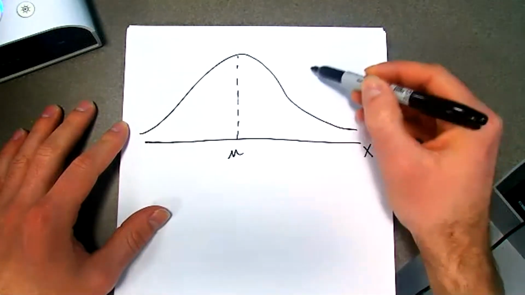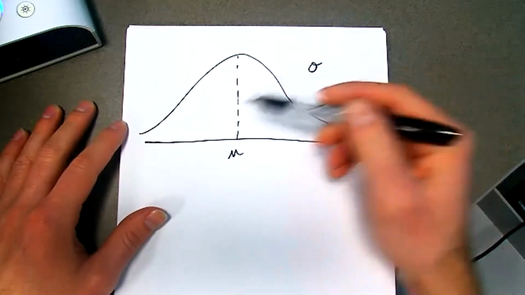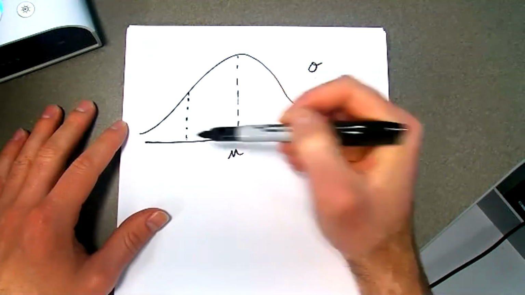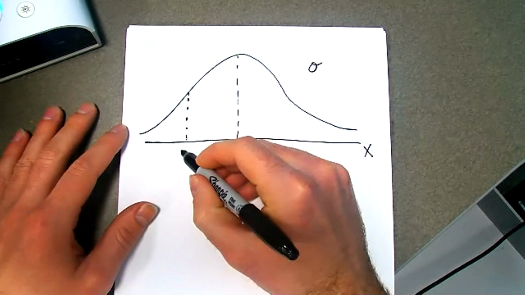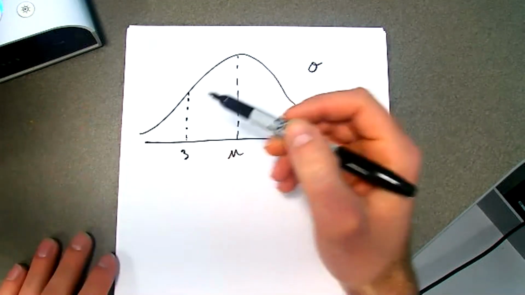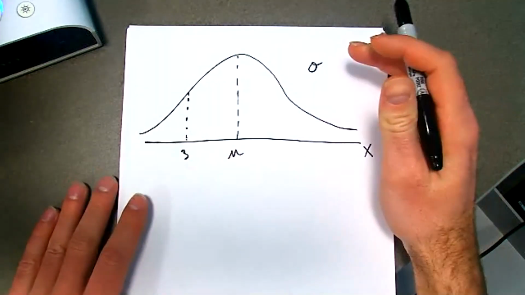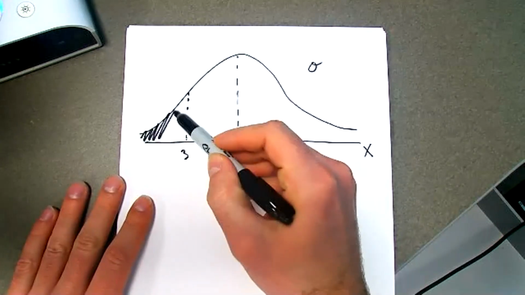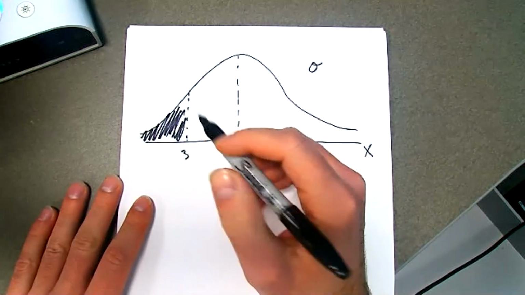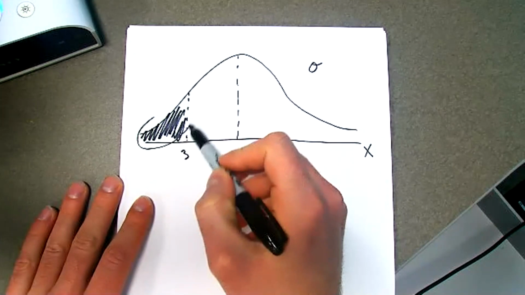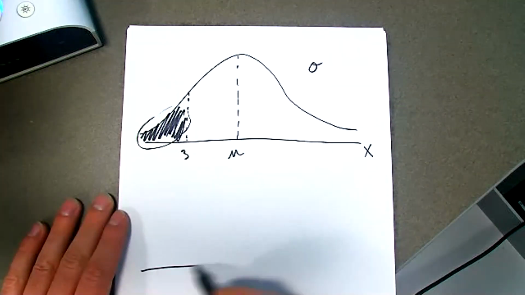We knew its mean, maybe we knew its standard deviation. Then we said there's some value, I think we're going to use 3 inches of rainfall as the cutoff because we're looking at rainfall data. I want to know the probability I saw 3 inches of rainfall last year or anything below it, right?